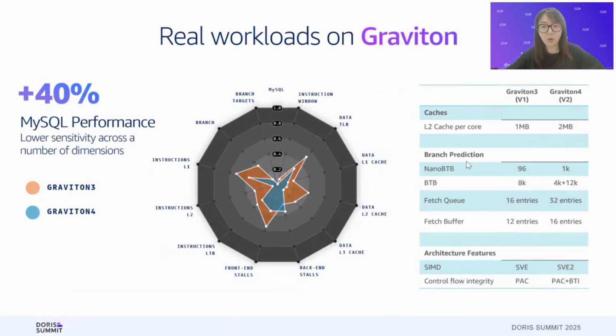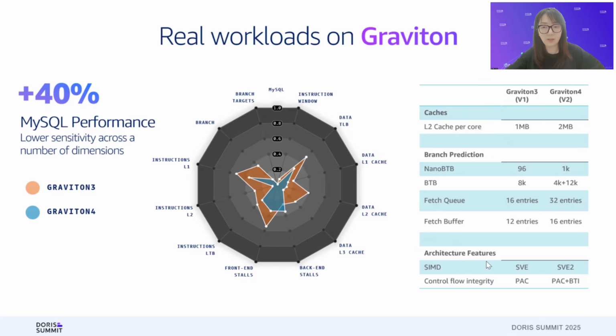You can see on the right the improvements Graviton 4 made. First thing we did is double the L2 cache size. This means more instructions are now closer to the cores. The cores we chose are better at predicting branches. They've got a large BTB, so they can fetch more instructions into the front end and execute faster. And Graviton 4 has a number of architectural improvements.